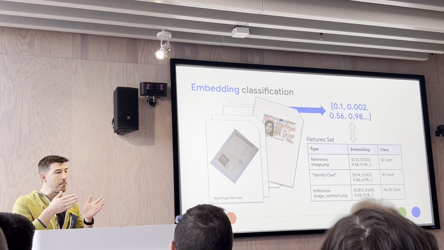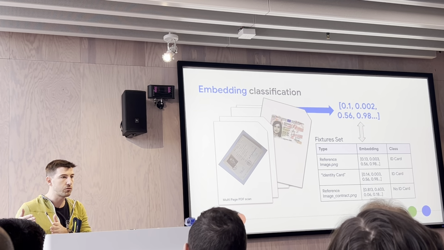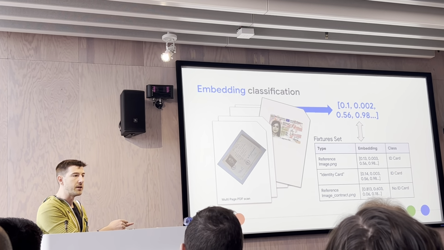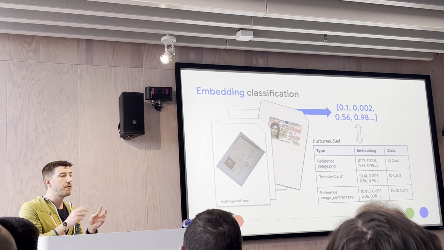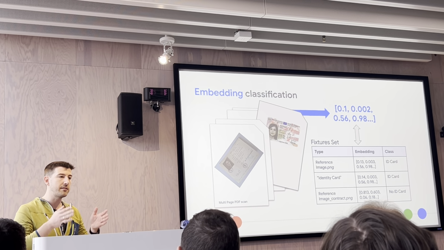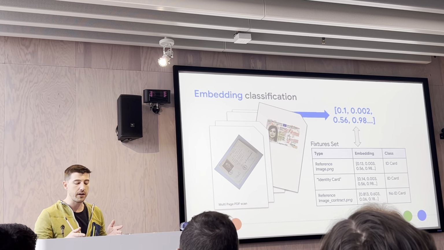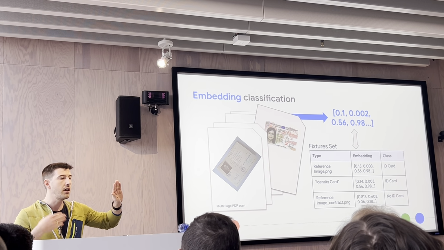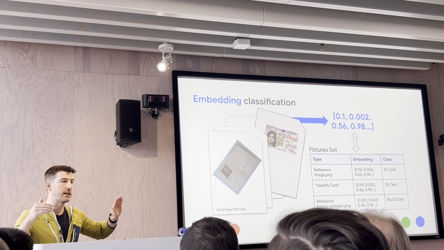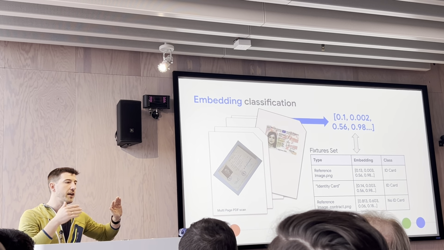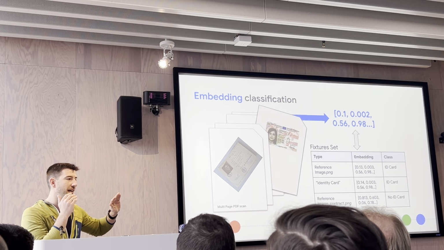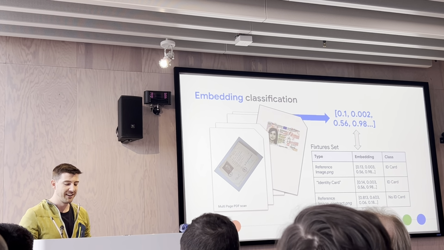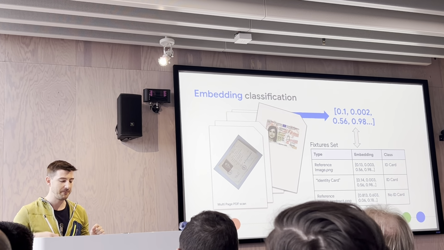I can use this embedding and store it without storing any PII data, because you cannot go back from an embedding to the original image, and use this as a fixture. So we have a data set of about 500 entries where we know this is a real ID card, a weapon license of Poland, a surfing license of a Portuguese person. Those are the ID cards they are handling, by the way. And we have those classes.